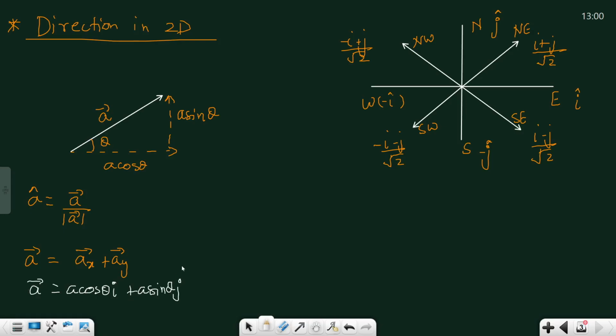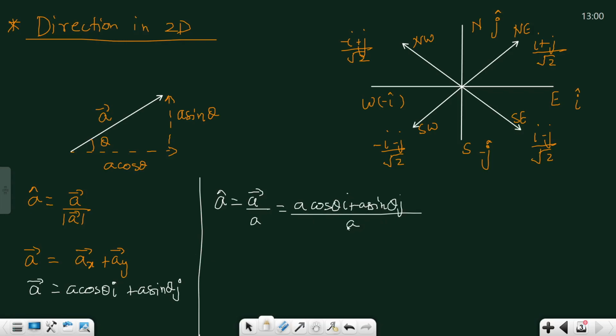So what will be the unit vector? When you take the unit vector, you just need to divide by A, where A is the magnitude of the A vector. So when you divide A cos theta i plus A sin theta j by A, the A unit vector comes out as cos theta i plus sin theta j.